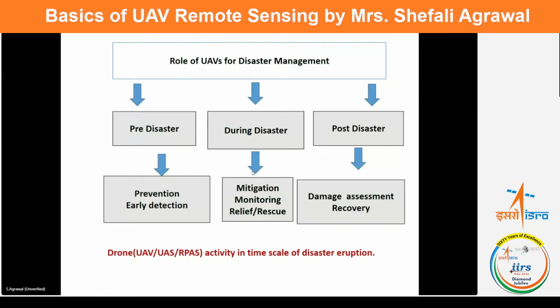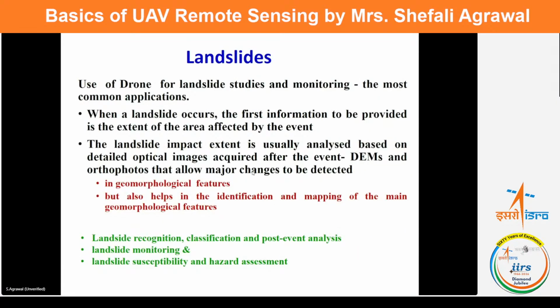So they are very, very useful specifically in case of drones for landslide studies and monitoring. This is one of the most common areas where drones have vital applications, because once a landslide occurs, the first information to be provided is the extent of the area affected by the event, right?